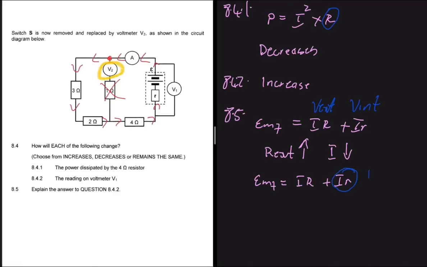But at the same time, EMF cannot go up or down. It remains the same, right? So if V internal decreases, then we need V external to increase, right? And V external is being read by voltmeter V1, right? So that is exactly why we're saying that the reading on voltmeter V1 is going to increase.